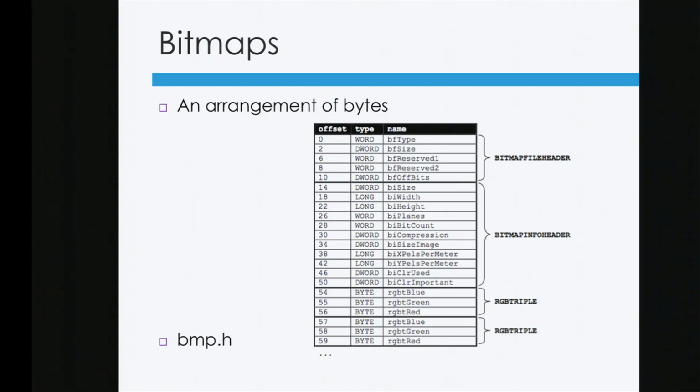So here is essentially a map of the bitmap image, saying that it starts with some header files, starts with some information in there. You see that at about byte number 14, the size of the bitmap image is indicated, and it continues on. But then what we're really interested in here is starting around byte number 54, we have these RGB triples.